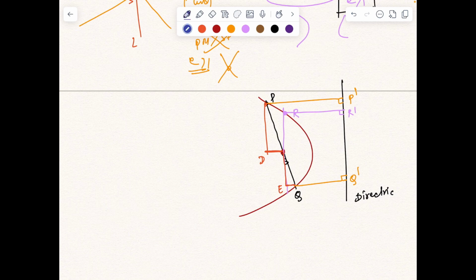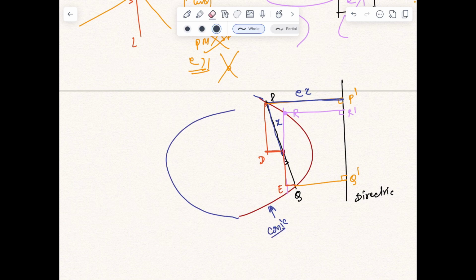Now I can clearly see from this picture, if I call SP as x, then PP dash will be e times x, where e is the eccentricity of this conic. Don't misunderstand this with parabola, it's a general conic, okay? It can be even an ellipse or hyperbola or parabola. Similarly, if we have SQ as y, this is going to be ey.